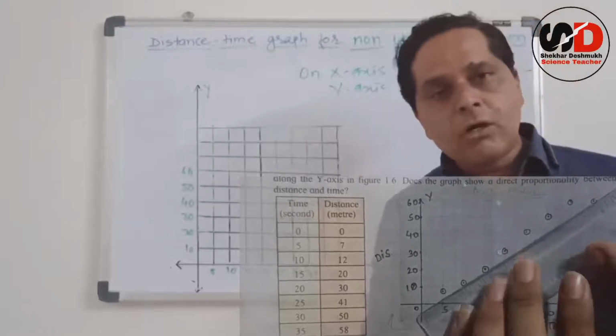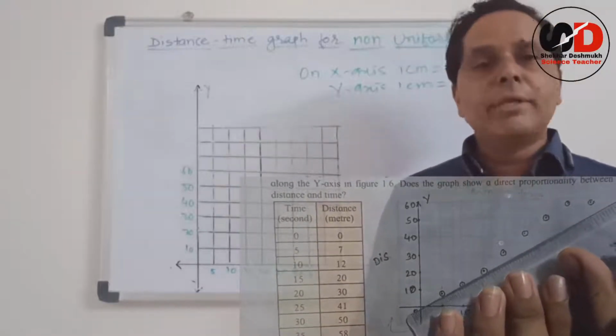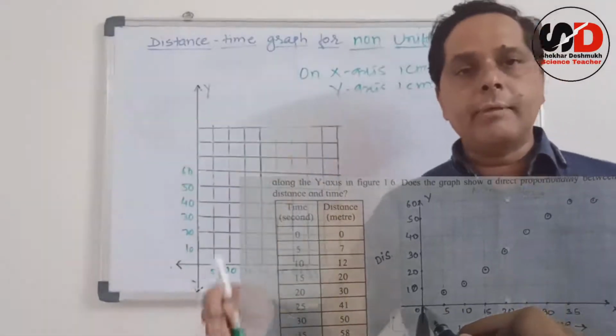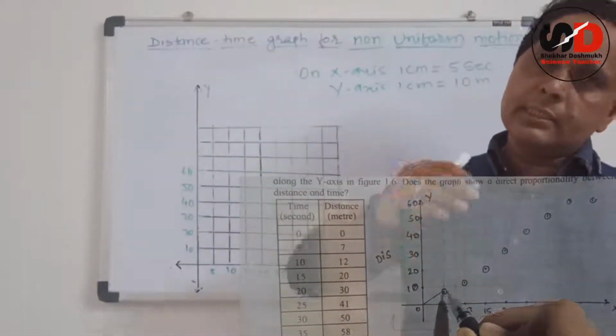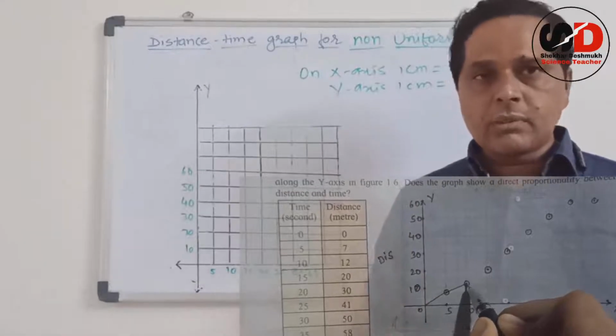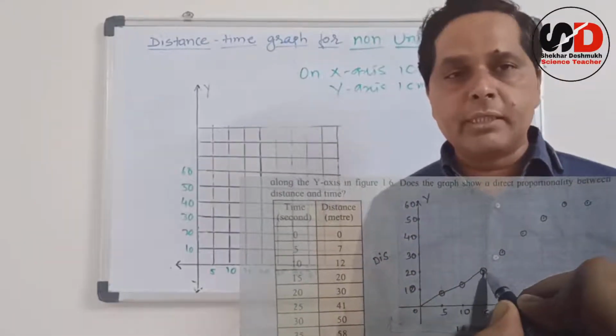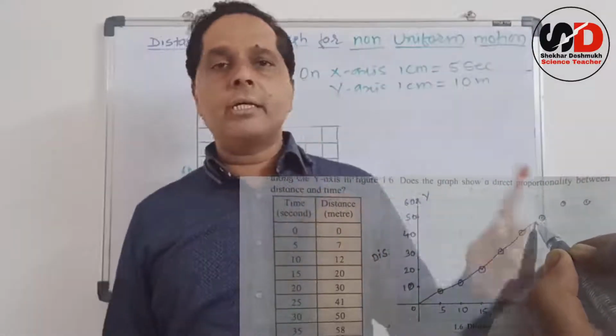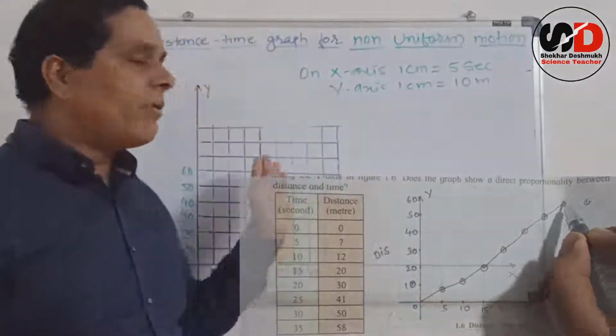And what is the meaning of this? The meaning of this is, as the time changes, the distance also changes, but there is no uniformity. That means the object covers unequal distance in equal intervals of time. So it may have any shape.